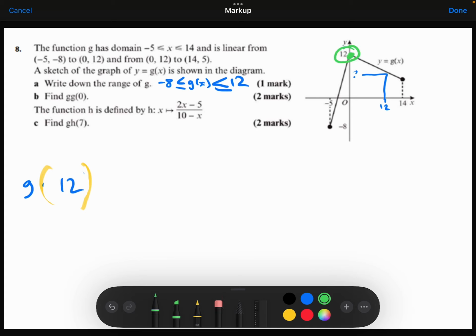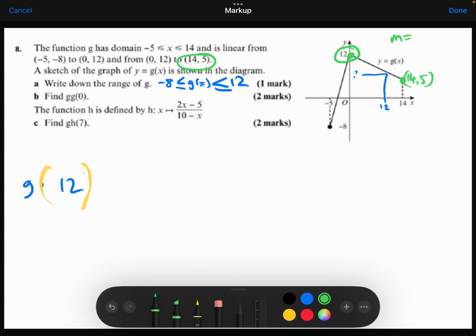I know it's got y-intercept of 12. I also know that it goes through the point (14, 5). It told me that in the question. So let's work out the gradient.